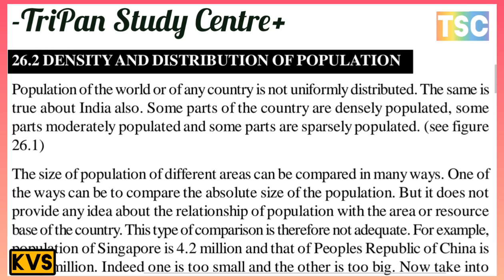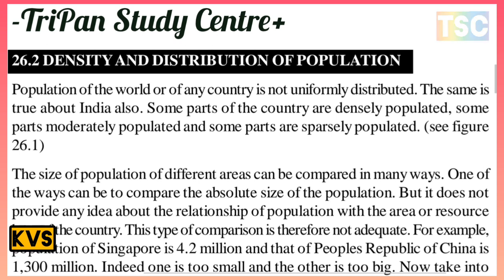The size of population of different areas can be compared in many ways. One way is to compare the absolute size of population, but it does not provide any idea about the relationship of population with the area or resource base of the country. This type of comparison is therefore not adequate.